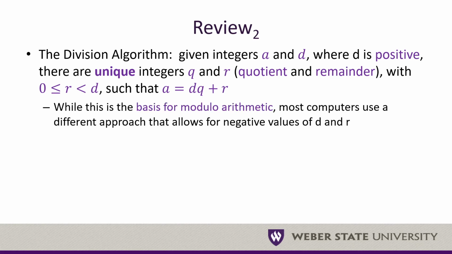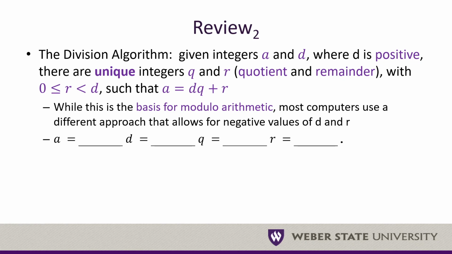We use this as a basis for modulo arithmetic, which we use for encryption, for hashing, for preventing overflows in numeric values, all kinds of stuff like that. So let's put some numbers here and see what we get.